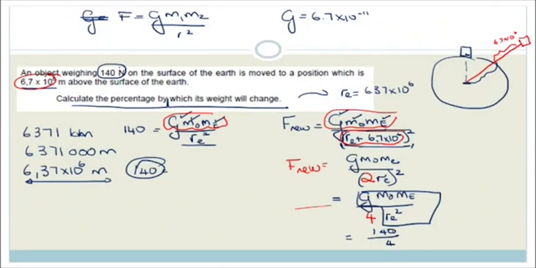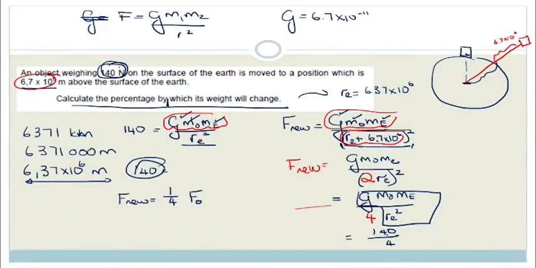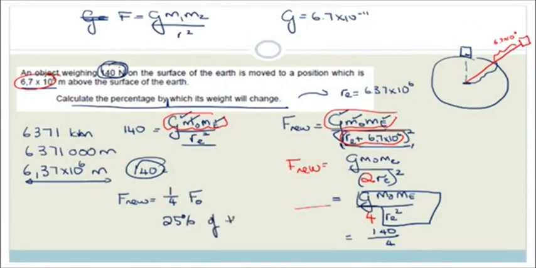Or that we could say F nu is a quarter of the original force? We don't actually have to even work it out. Then we calculate the percentage, so it is going to be 25% of the original. Okay, everybody happy with that? Let's move on to the next question.